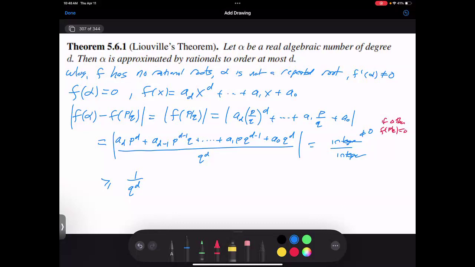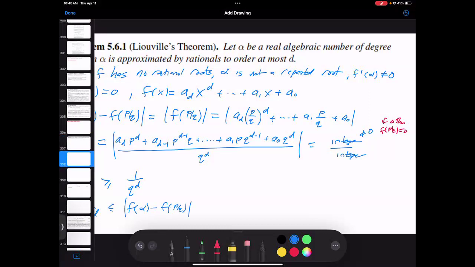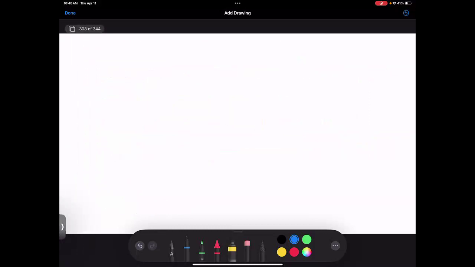So we have 1 over q to the d is less than or equal to f of alpha minus f of p over q in absolute value. So let's just rewrite it where we have some more space. 1 over q to the d is less than or equal to f of alpha minus f of p over q.